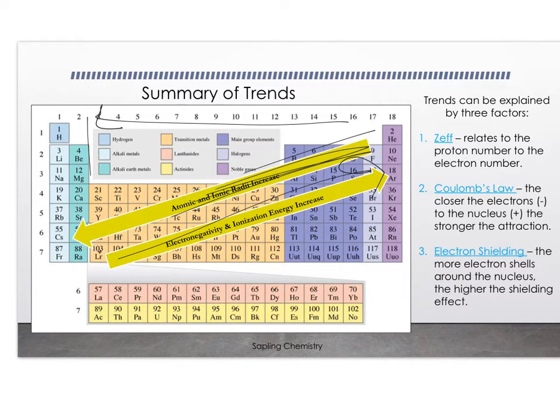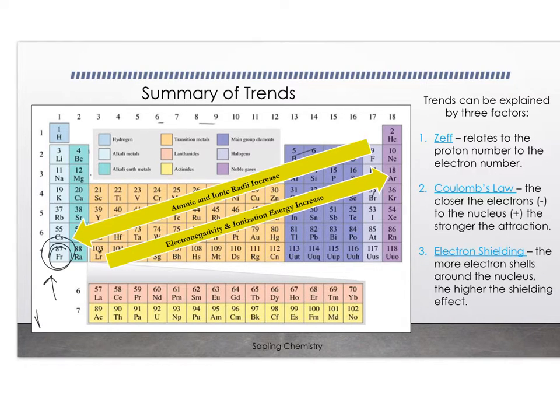And to describe the atom with the largest radius, that's going to be your francium here. It has the largest radius because it has 7 shells around its outer ring, and it has the lowest effective nuclear charge of every other element going across the periodic table.